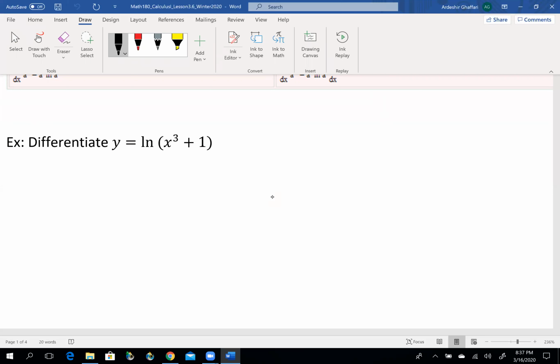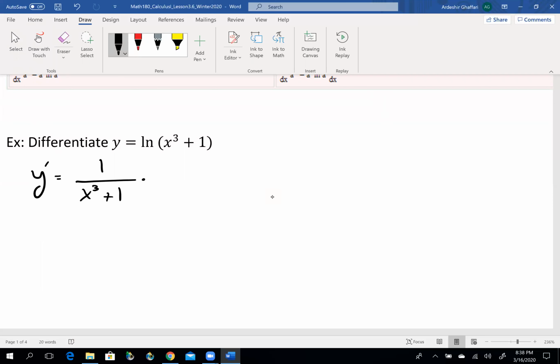So the y prime, the derivative of natural log of x cubed plus 1, is going to be 1 over x cubed plus 1, and then times the derivative of baby.